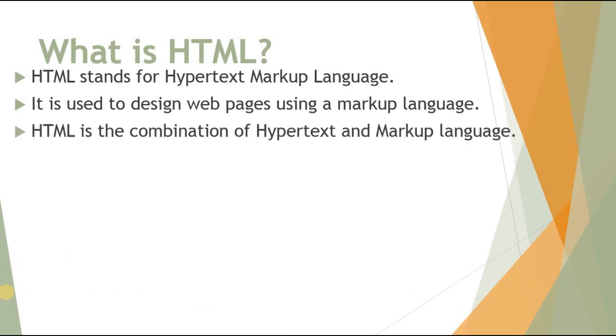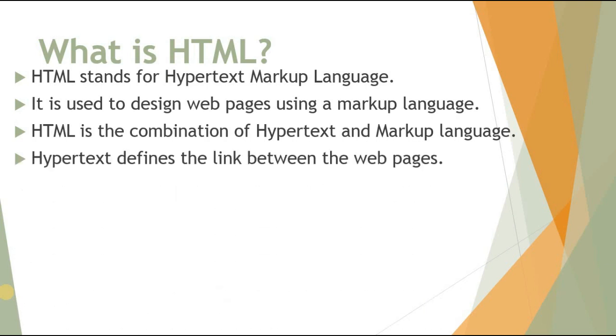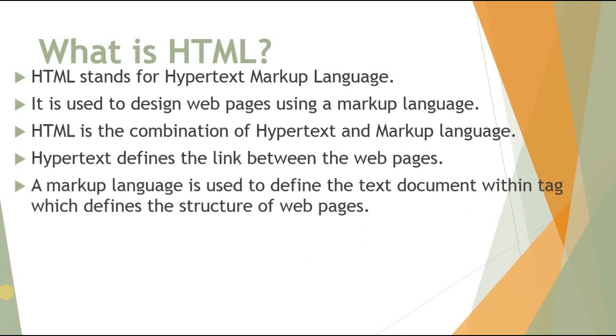HTML is the combination of hypertext and a markup language. Hypertext defines the link between web pages. For giving a hyperlink, hypertext will be used. A markup language is used to define the text document within a tag which defines the structure of web pages.